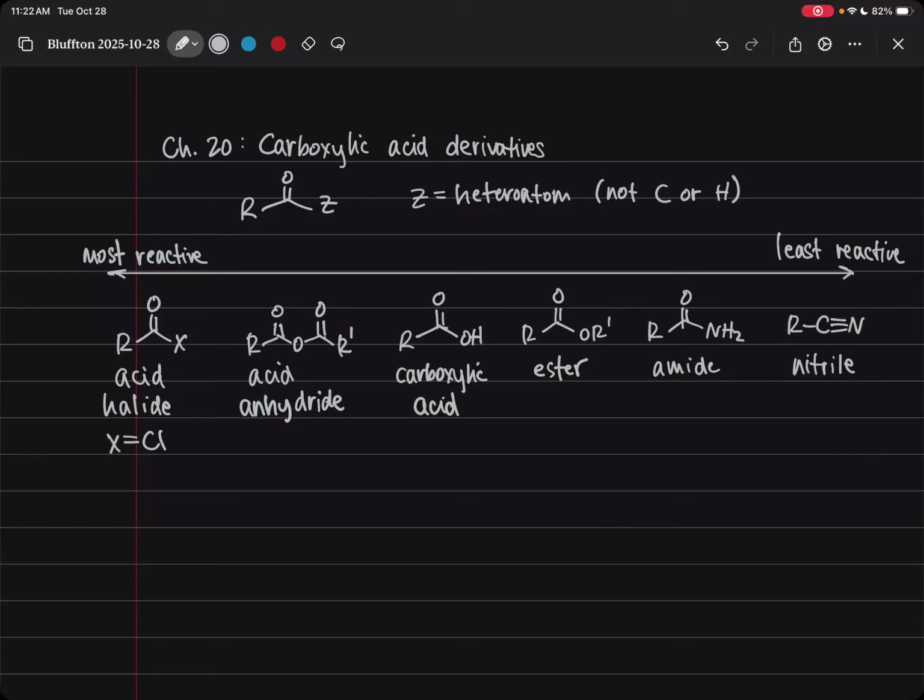And the reason for that is, in all of these cases, we've got a carbon-oxygen double bond that's polarized toward the oxygen. And so the carbon is electrophilic because it's electron poor. And in a nitrile, the same thing happens. The nitrogen pulls more electron density toward itself. And so just like the carbonyl carbon in all of these carbonyl derivatives, the carbon at the middle of the nitrile is electrophilic, and it's not a carbonyl carbon, but it kind of plays one on TV.